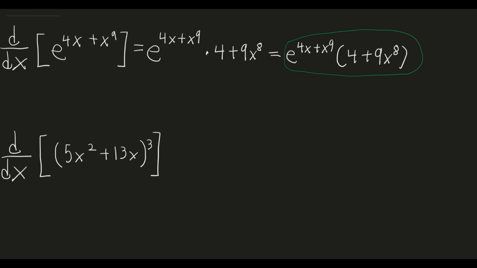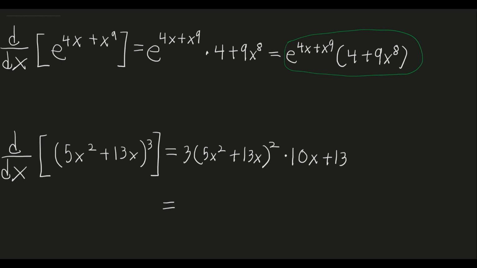Moving to the bottom function now, we could apply a power rule to this. Doing so, that gets us 3 times 5x squared plus 13x raised to the second power. Taking the derivative of the inside function, that gets us 10x plus 13.